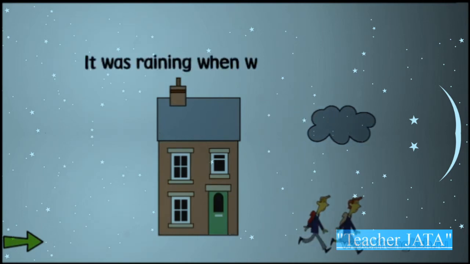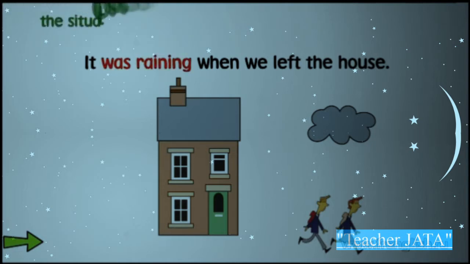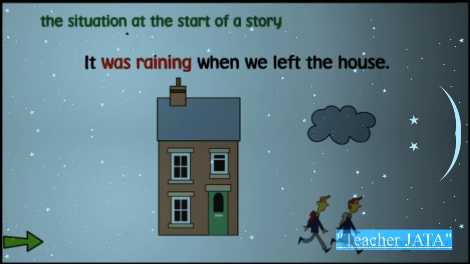It was raining when we left the house. We also use the past continuous to describe the situation at the start of a story.